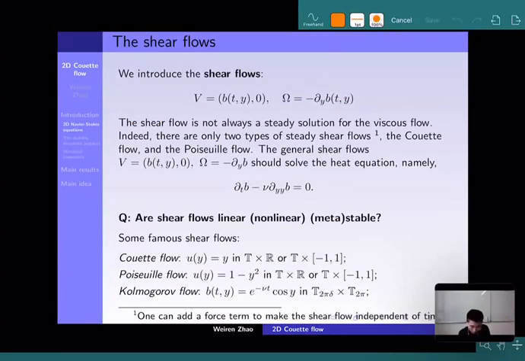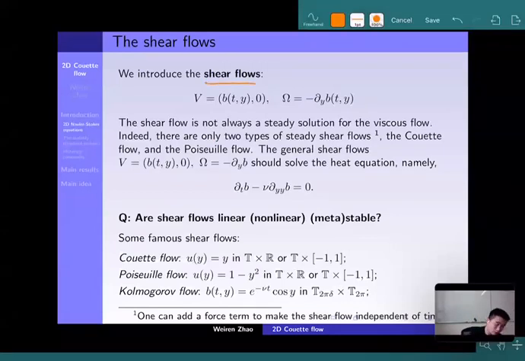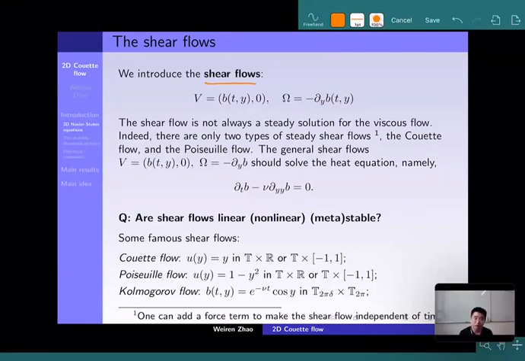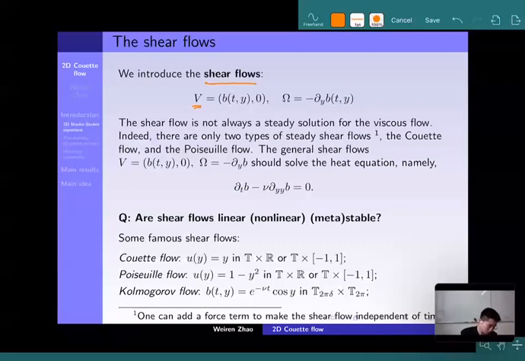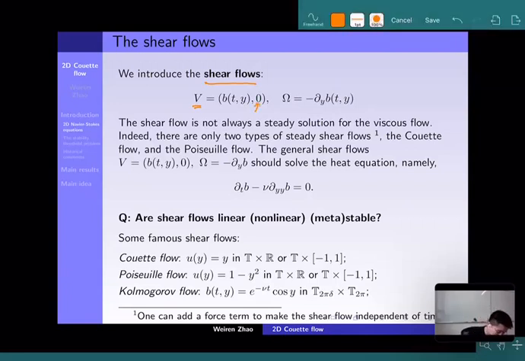The problem we are interested in is a stability problem. The objects we are interested in are the so-called shear flows. A shear flow is a very special type of solution of the Navier-Stokes equation. When we write down this solution V, it has 2 components, and the vertical component we set to 0.